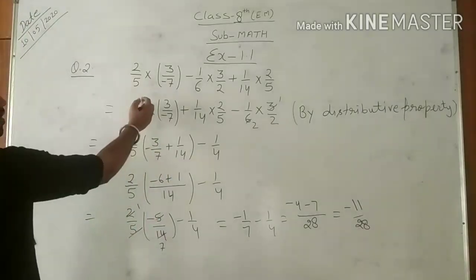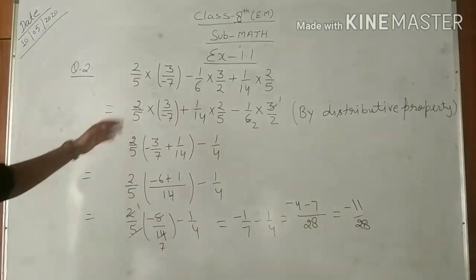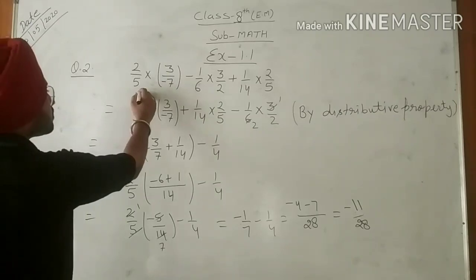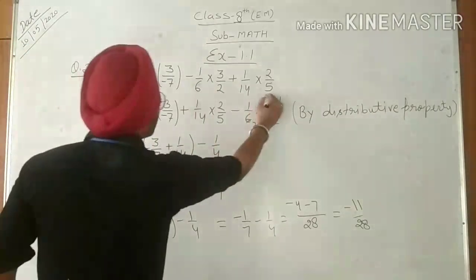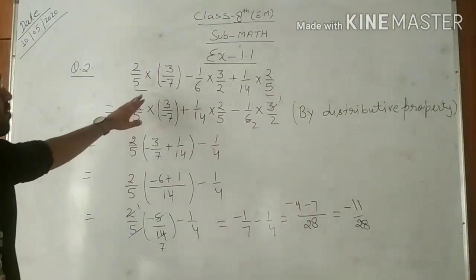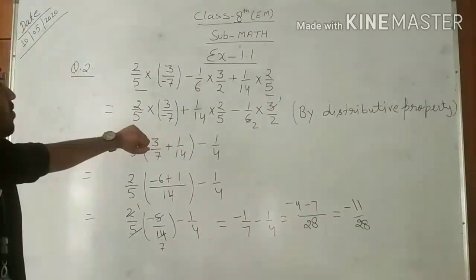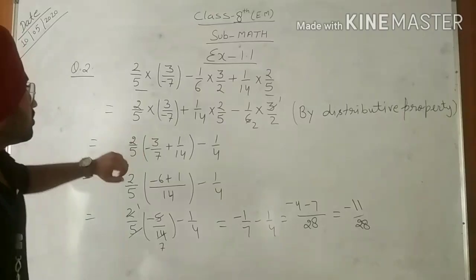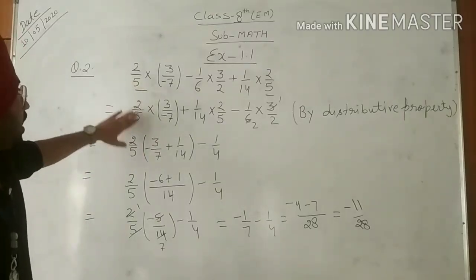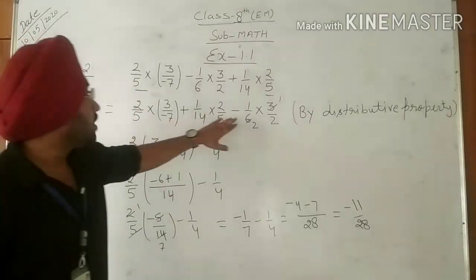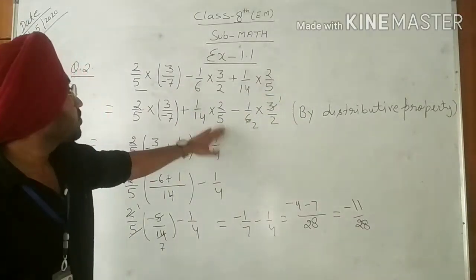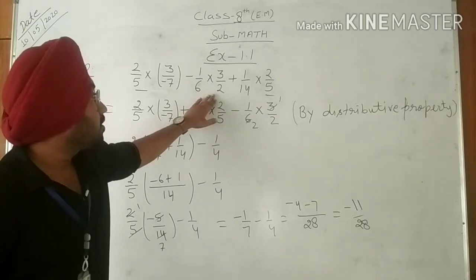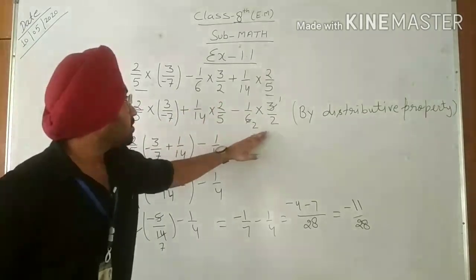Also here, similar to the question number 1, we observe here 2 upon 5 and 2 upon 5 is common in both two terms. First we arrange them here. First we write 2 upon 5 multiplied by 3 upon 7, and then 1 upon 14 multiplied by 2 upon 5. And we write this step at the back.